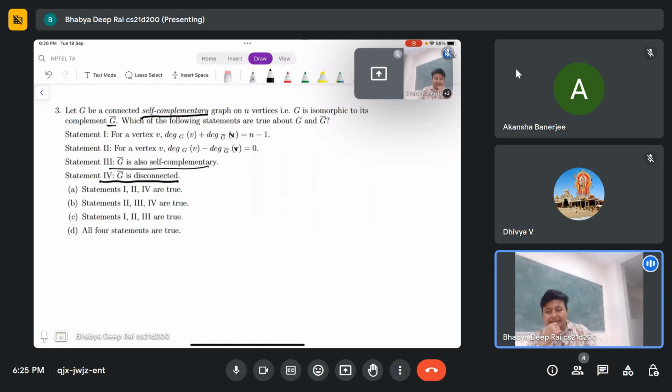You can think for a while about this, and if you find that a certain statement is definitely true, then you can tell me that statement 1 is definitely true, and then go ahead. Okay, self-complementary.